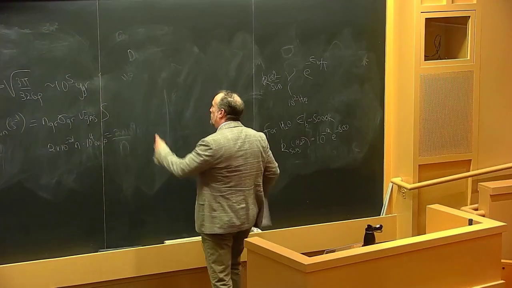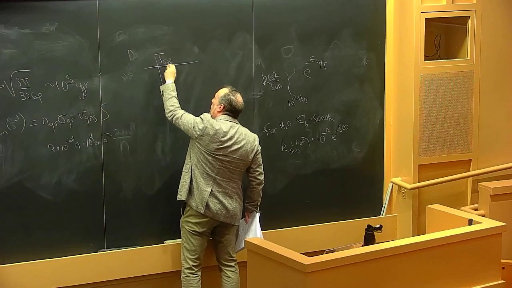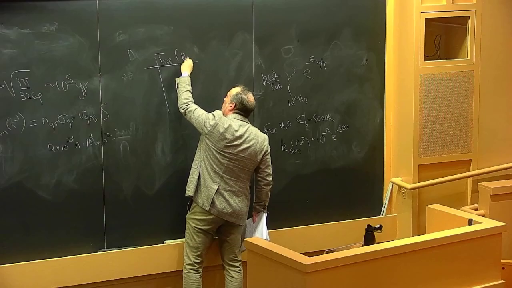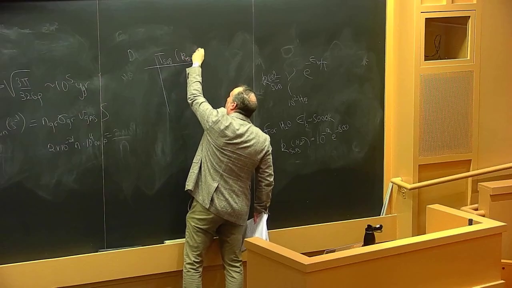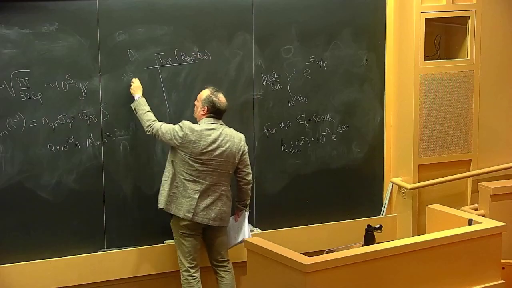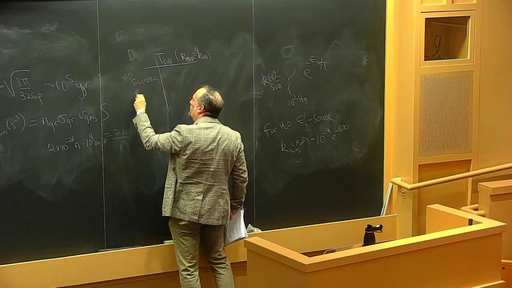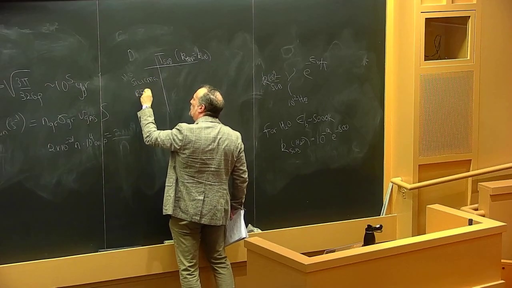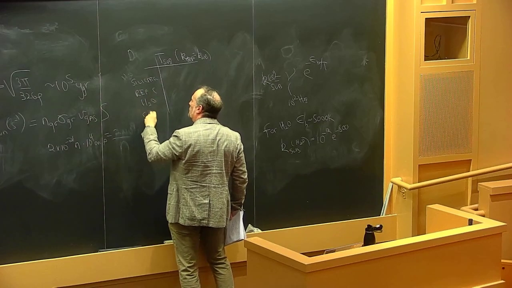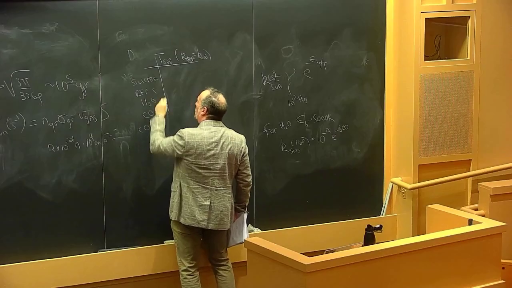All right, and what I can do is I can say, what is the sublimation temperature, which is the temperature where k depletion equals k sublimation. And I would have my silicates, refractory carbon, and water, CO2, CO, N2.